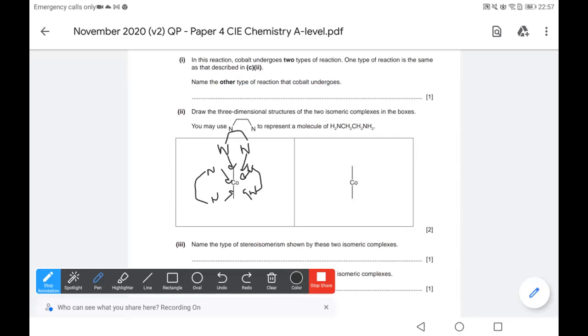On the board, it's not easy to draw. The planes should be 90 degrees different. You can check it from the marking scheme.